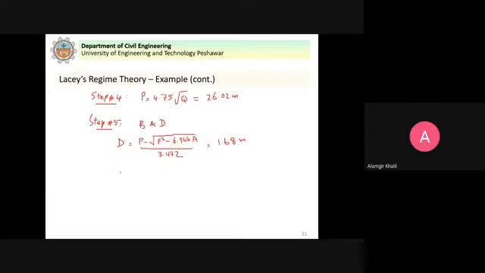And now we can calculate the bottom width of the channel cross section, that is equal to P minus 2.236 into D. So this comes out to be 22.26 meter.